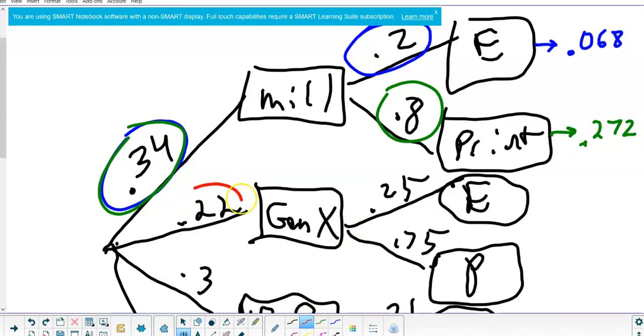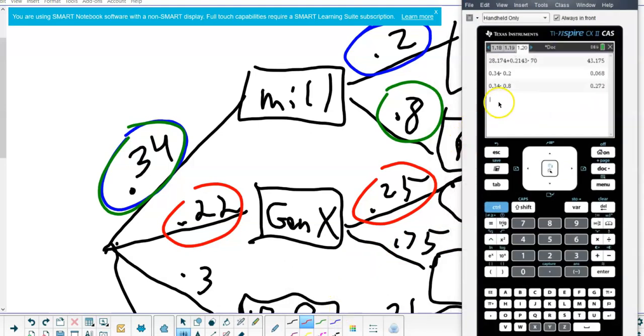For this one, you're going to do 0.22 times 0.25 to figure out the probability of both those branches happening. So 0.22 times 0.25 is 0.055. Then I'm going to do the next one, 0.22 times 0.75.